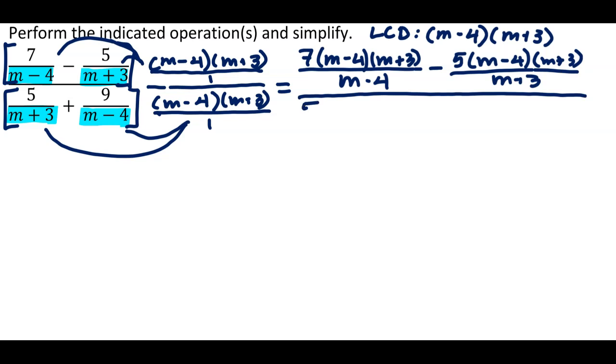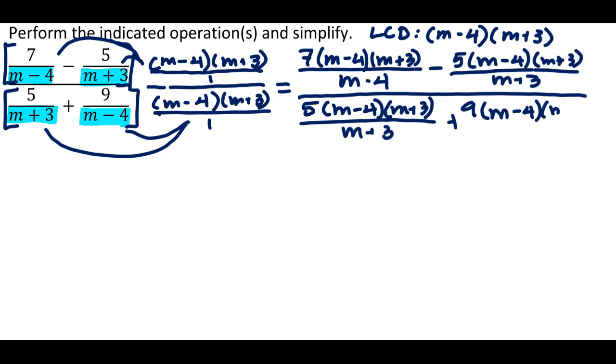Down below, I have a 5, m minus 4, m plus 3 over m plus 3. And last but not least, the 9 gets multiplied by the m minus 4, m plus 3, and that is over m minus 4.